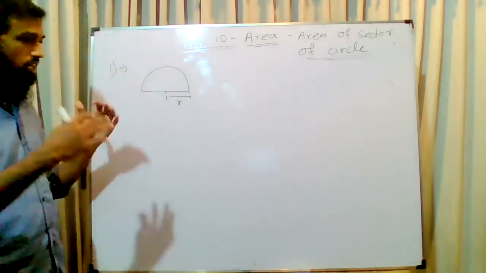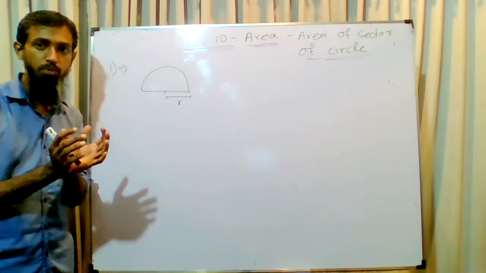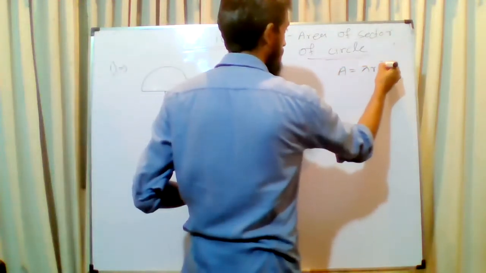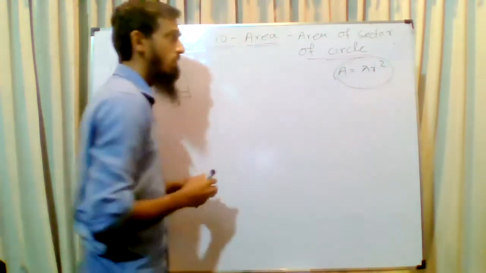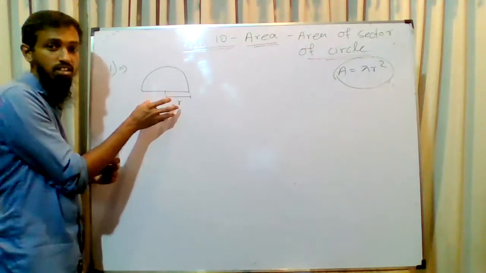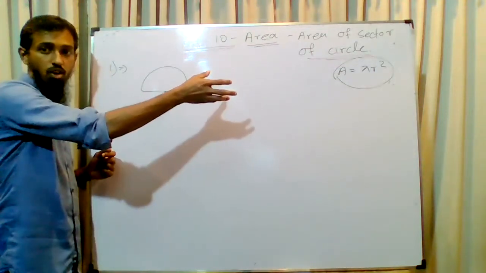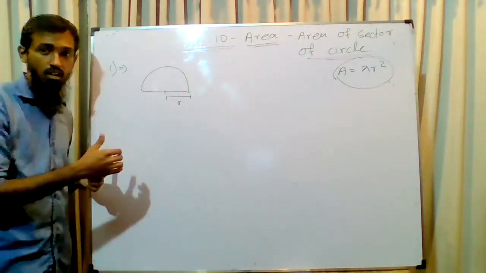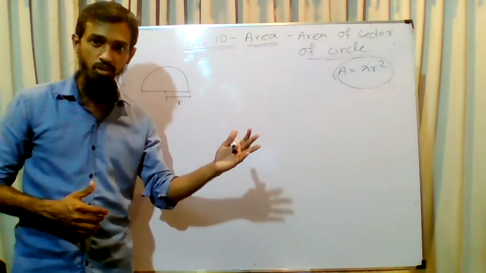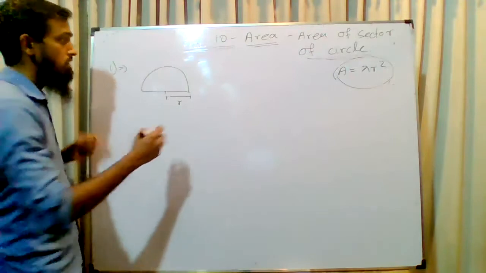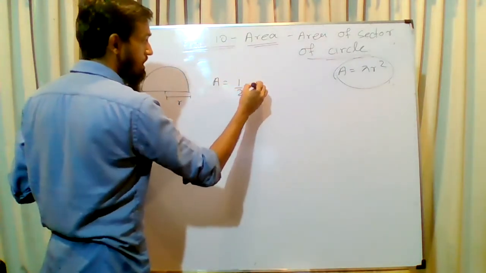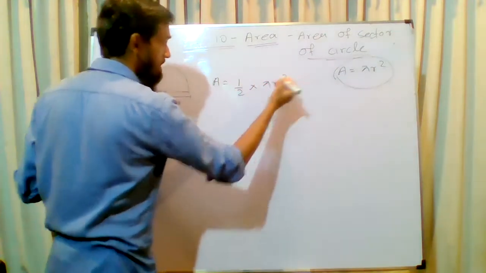The area of a circle is pi r square, so we have half of the portion. This is a sector, half of the whole. Area of a semicircle is half into pi r square.